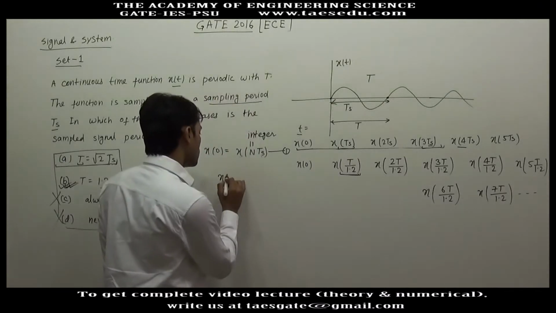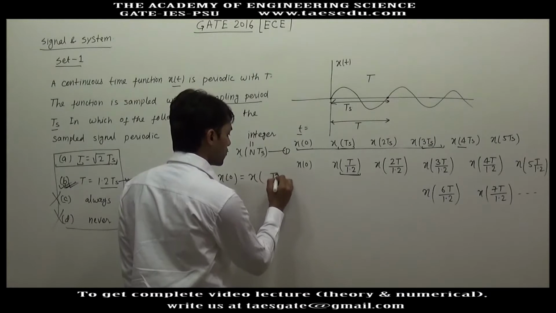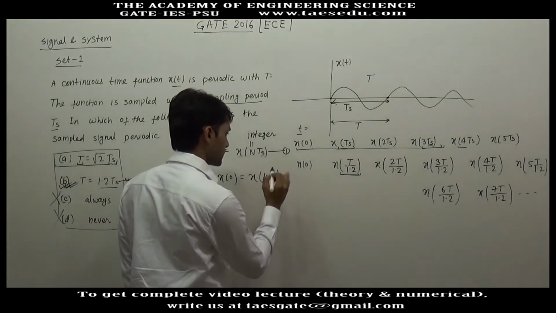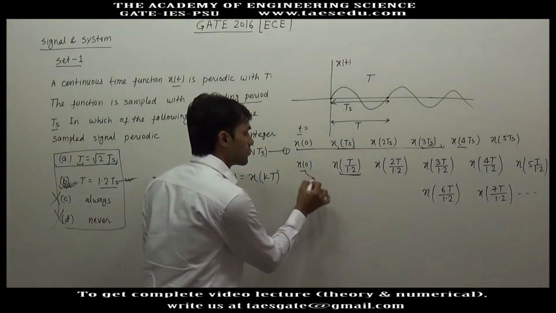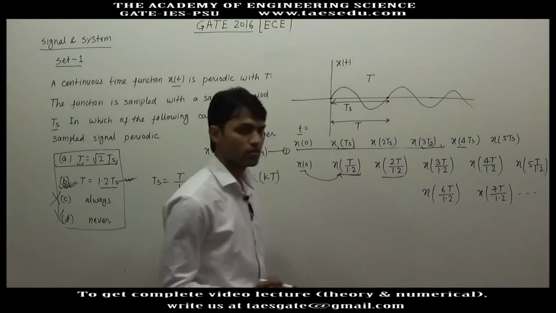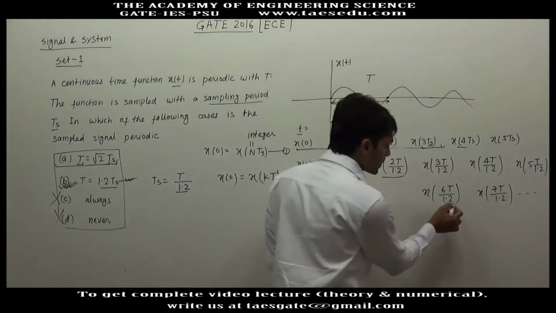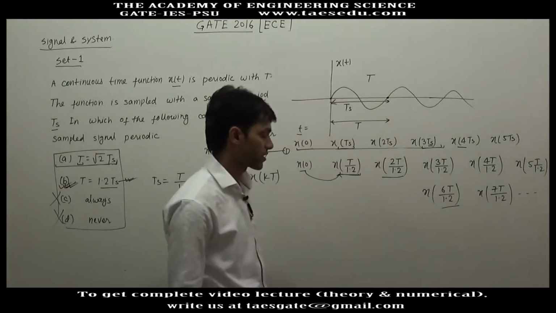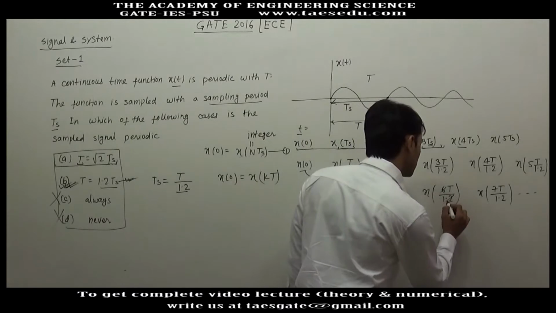x0 will be equal to x at any integral multiple of T. Here you are not going to get an integral multiple of T, so x0 will not be equal to this. Here also you are not going to get an integral multiple of capital T. Here you will get an integral multiple of capital T for the first time, because this will give you 5.